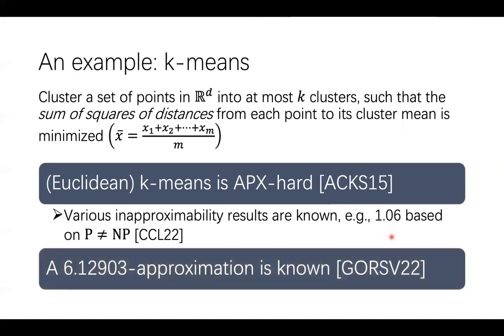And on the positive side, there's a very recent paper showing that this problem admits a 6.12903 approximation. So we can see that the study of approximability of these clustering problems is still an ongoing and active field of research.